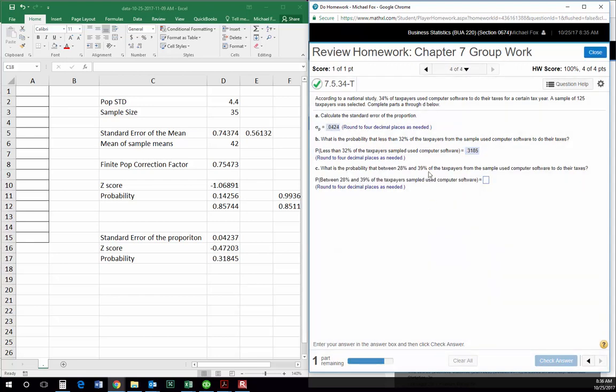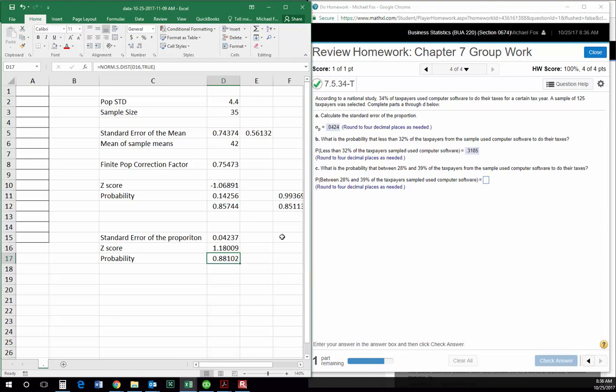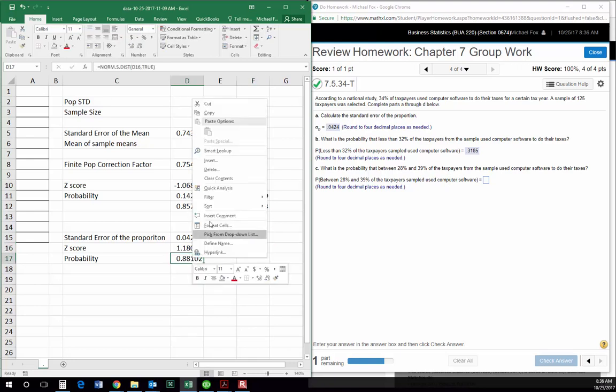The probability between 28 and 39% of taxpayers used it. So again, I'll use my upper limit, 0.39. Oops, too many decimals. So there's my probability for 0.39. Whoops, running out of space here. Let me just shrink this column down. All right. So I'm going to copy this probability.